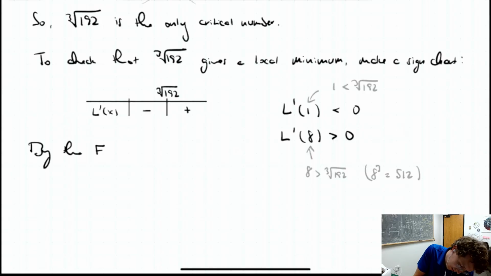And the first derivative test tells us that if the first derivative goes from negative to positive, that means your function is going from decreasing to increasing. That's a local minimum.